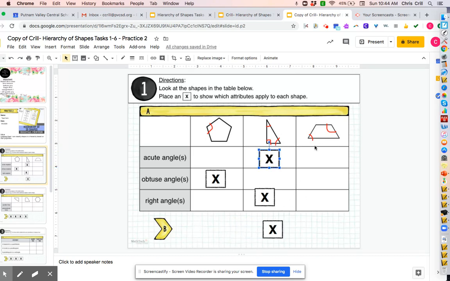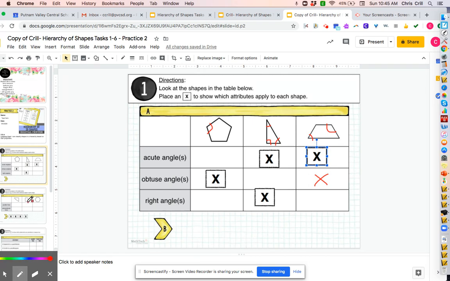And this trapezoid here has acute angles, and we're missing an X. So I'm going to make sure I double that for your slide. We'd also be putting an X here. So I'm just going to draw my X right now. Your slide will have enough X's when you complete this task.